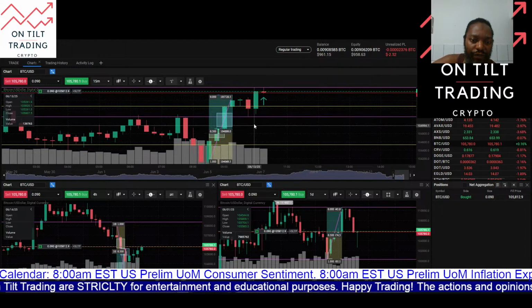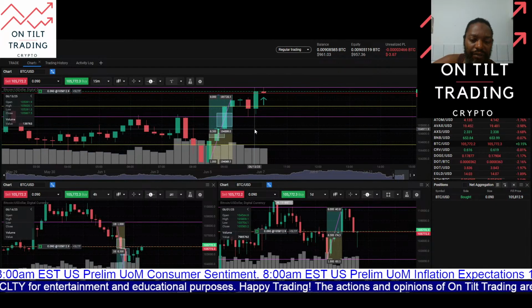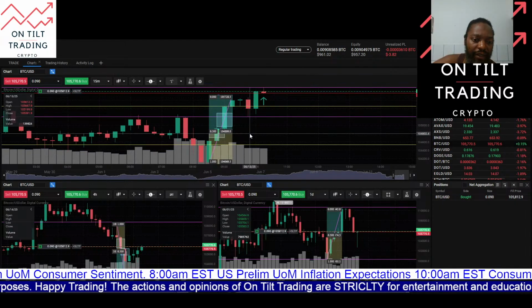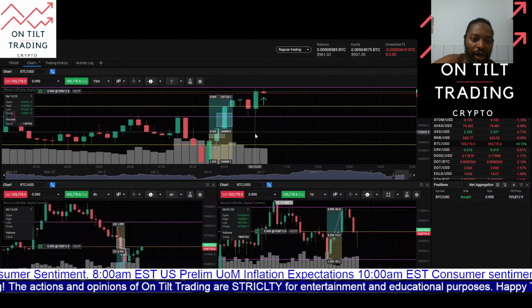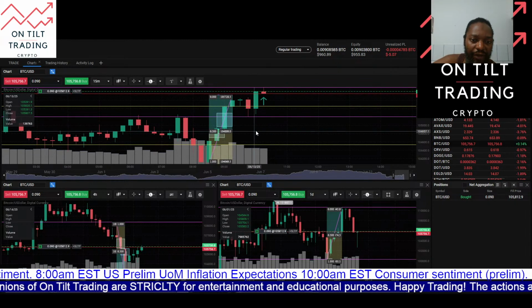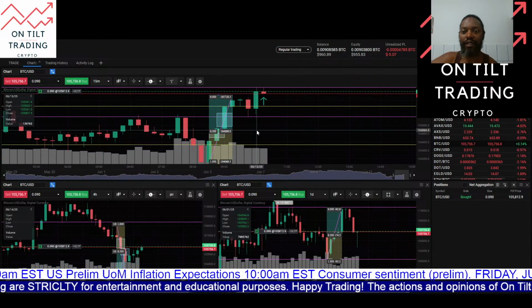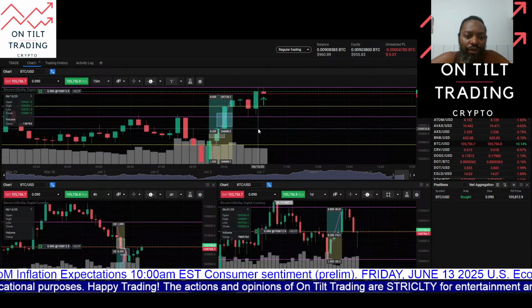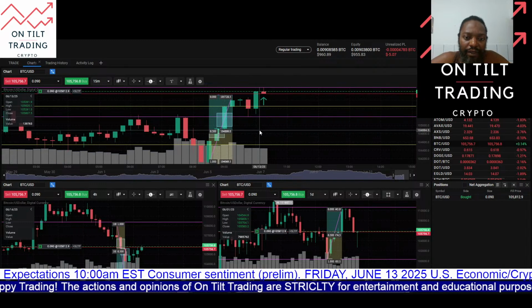So normally I look for it to do that, but everything doesn't pull back to offer as much value. There may be other objectives that the market maker has before things like that happen.